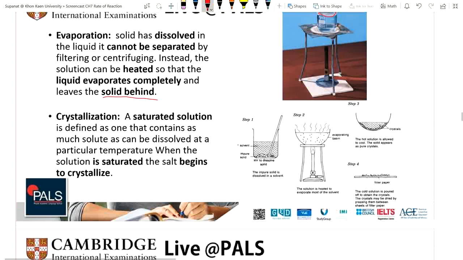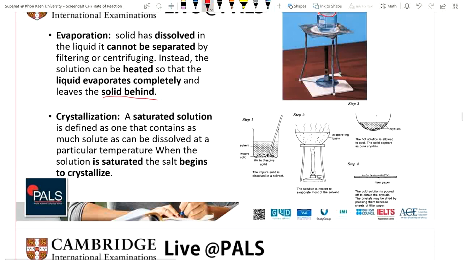In step 1, here is the solvent and the impure solid. We stir to dissolve the solid. In step 2, the solution is heated to evaporate most of the solvent. In step 3, the hot solution is allowed to cool. Then the solid appears as a pure substance, as a pure crystal.